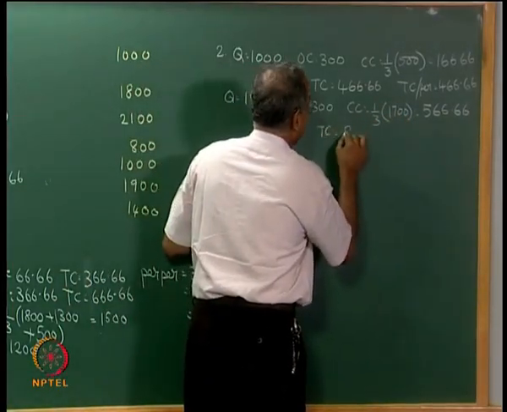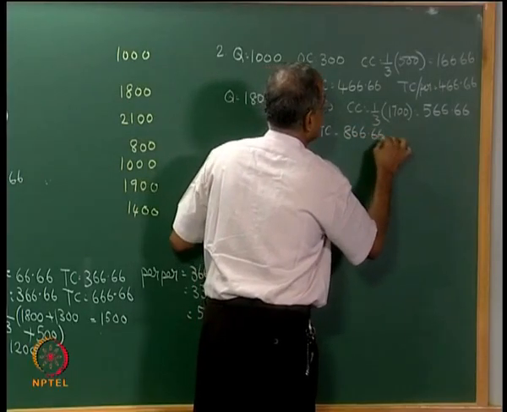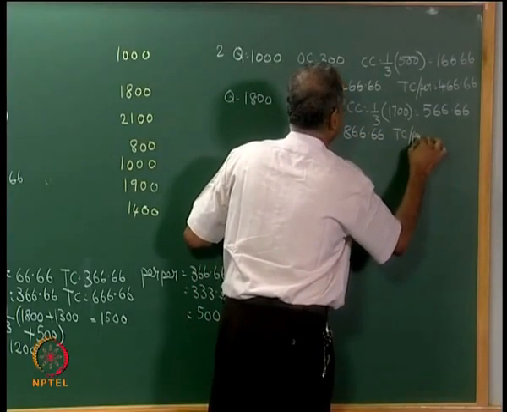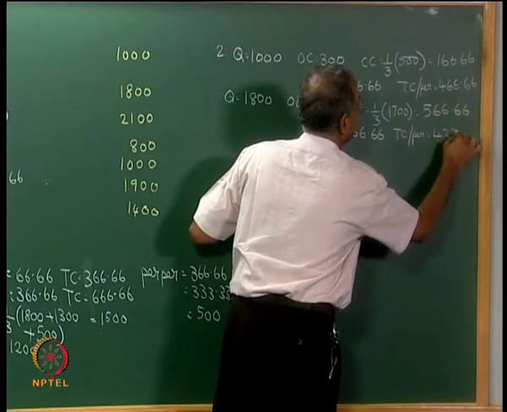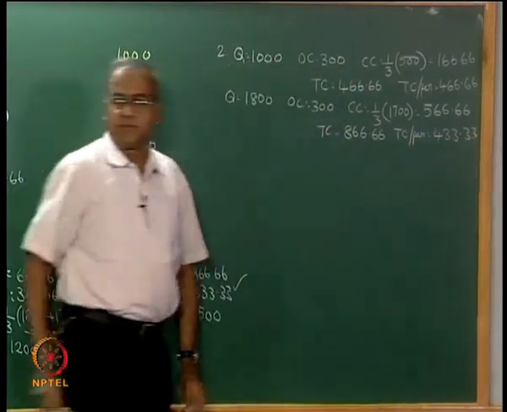So TC is 866.66. Now TC per period is 433.33.